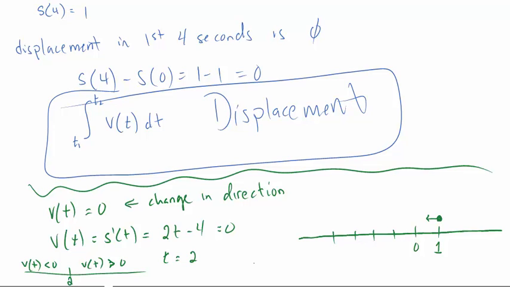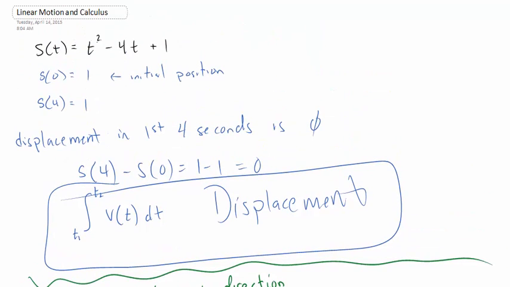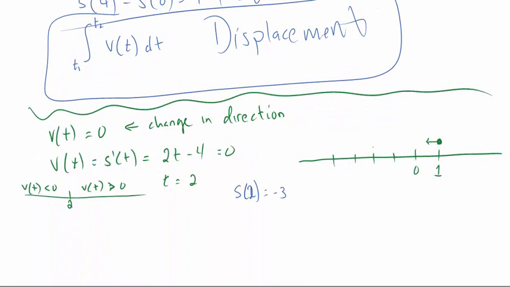So where are we at 2 seconds? What is s of 2? At 2 seconds, we are at a position of negative 3. I'm substituting back in right here. So I get to 1, 2, 3, right there. So my path of travel starts out at 1.